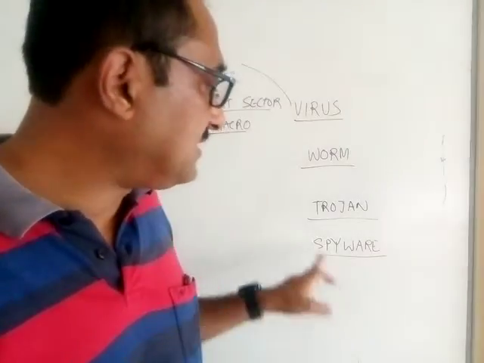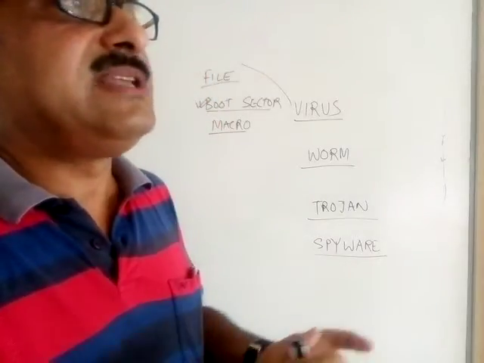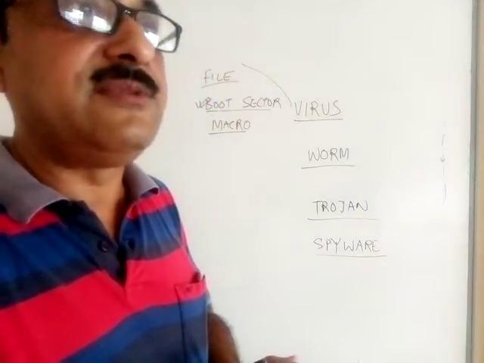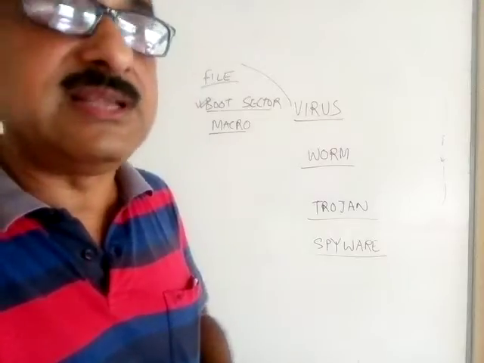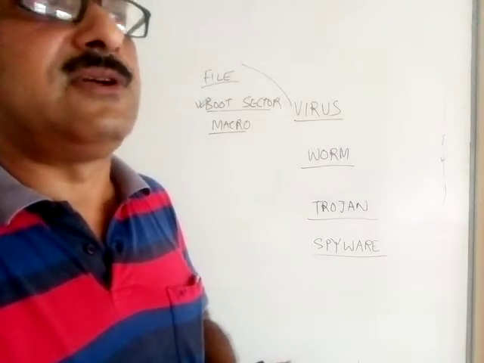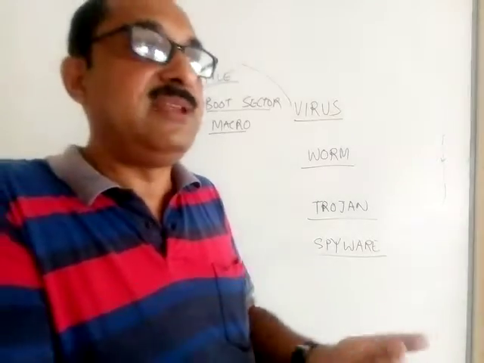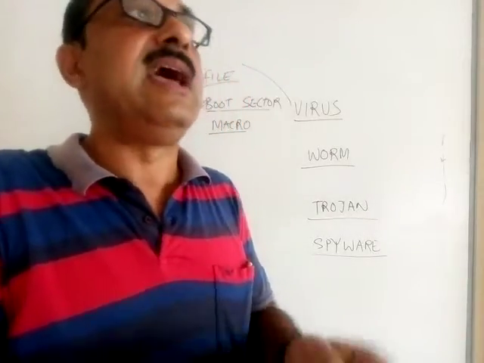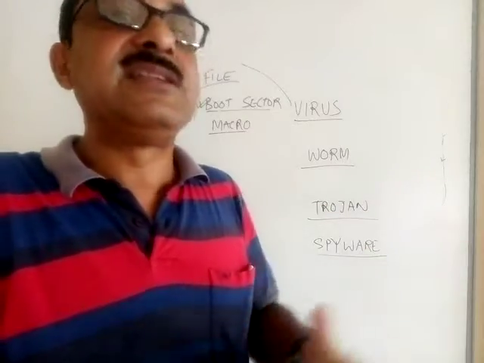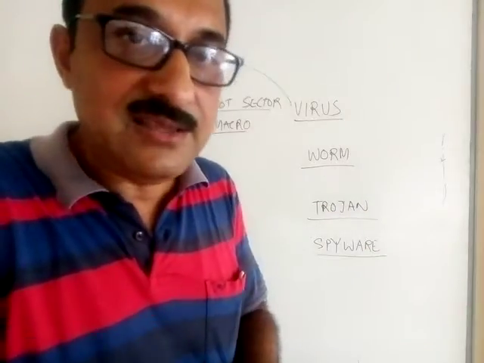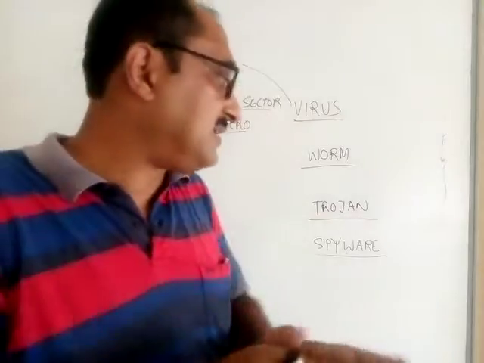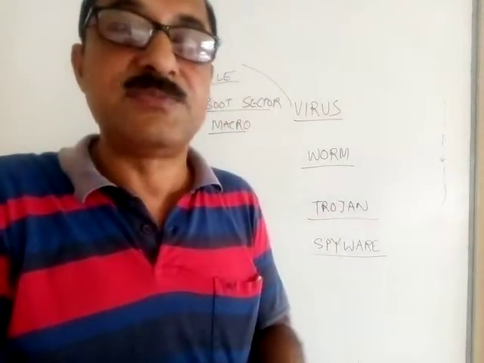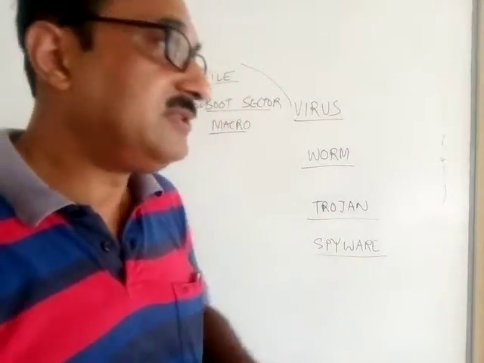Spyware mostly comes through the links we get in unsolicited mails, or what we call spam. Spam is emails we receive from unknown sources, and sometimes they give various links. Never ever click that link, because that is one of the good ways of avoiding Trojan and spyware.